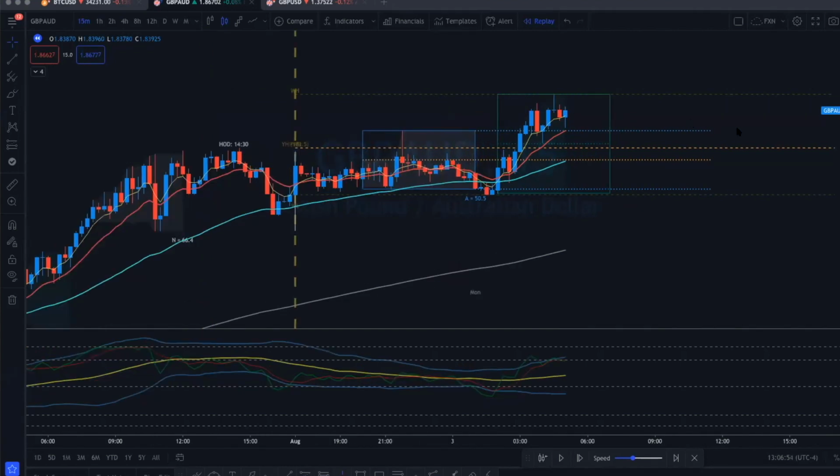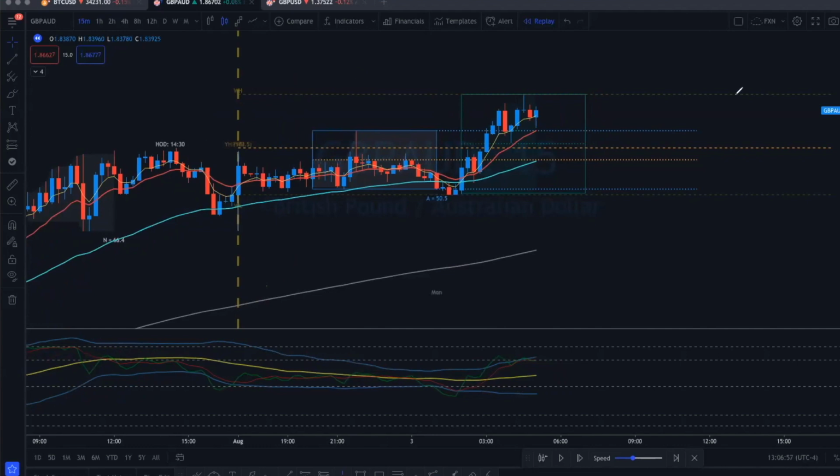Also, I think another important thing that I just noticed is, if you look here, we're close to 84,000. So if you don't know, psychological numbers, there are things called psychological numbers that retail traders like, that we all use. It's in our head.